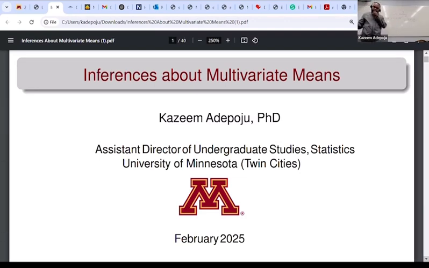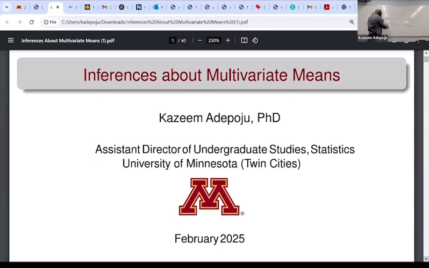Another example: maybe there's a claim by an administration in a country about the GDP growth, the inflation rate, and the unemployment rate.